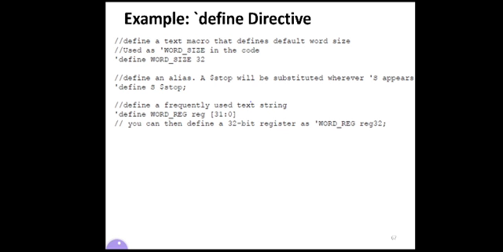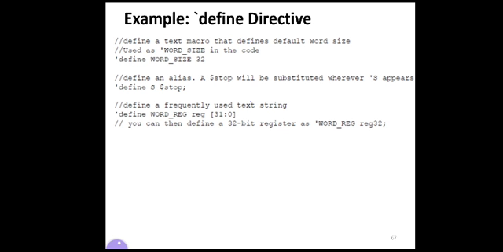Define a text macro that defines the default word size used as word size in the code: `define word size 32. So whenever you write your program, suppose you use a `define and a name, here the name used is word size and 32 is declared for that particular text.